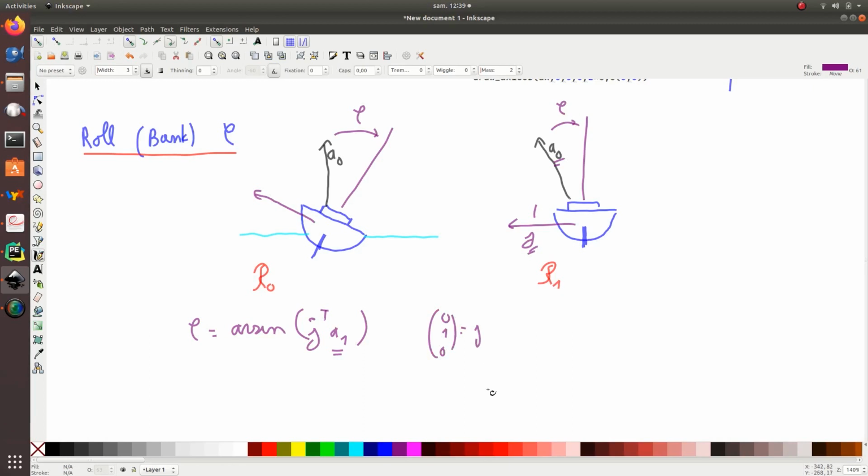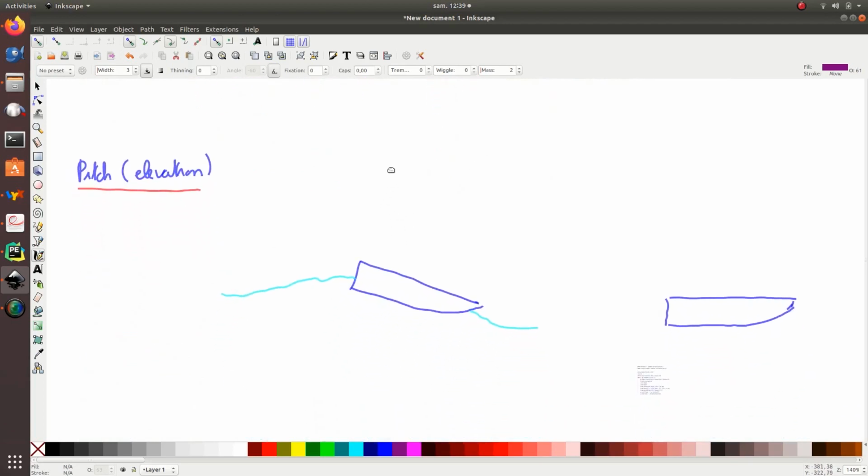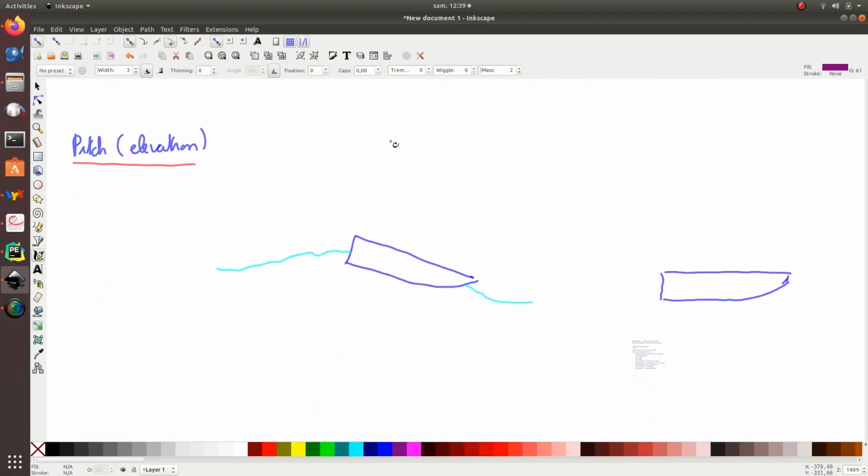Now I will do the same with the pitch or the elevation. So for the elevation, I will have here A0. So this one is a world frame, and here it is the boat frame. So A0 will be here, and this one we understand that in the robot frame it will be like this, A1.